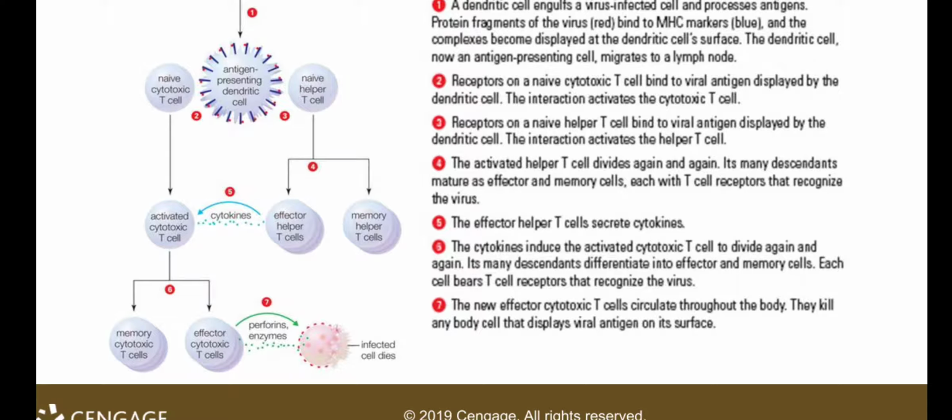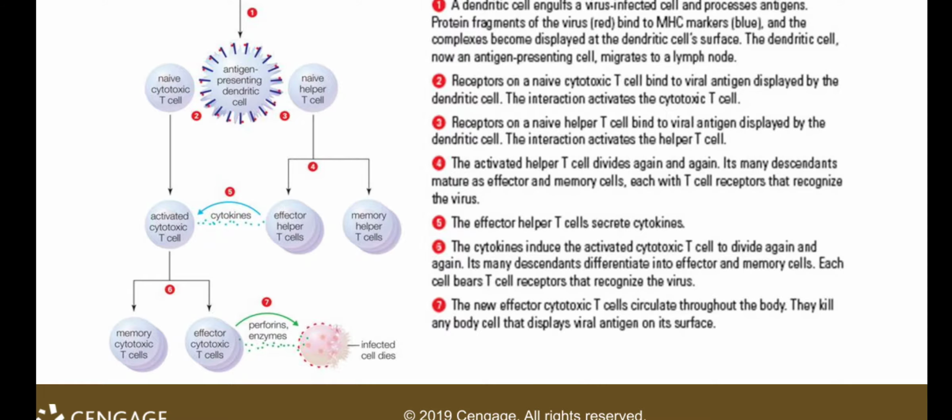They release enzymes, perforins, that induce apoptosis or bursting, or lysis, of the infected cell. Actually, the scenario should be apoptosis, but if that doesn't go, they will lyse the cell and macrophages would eat it.